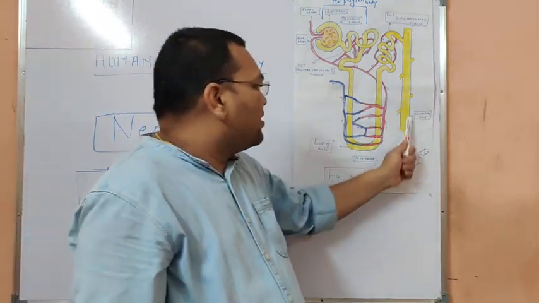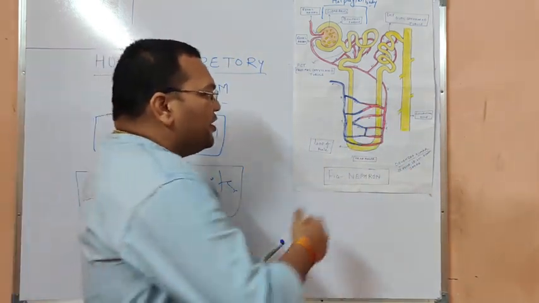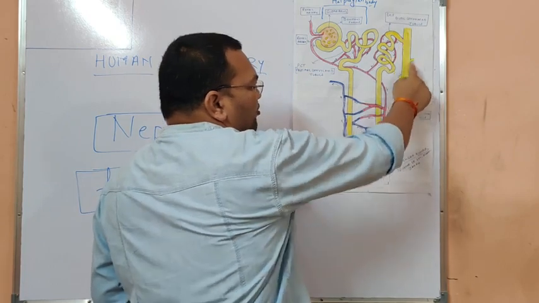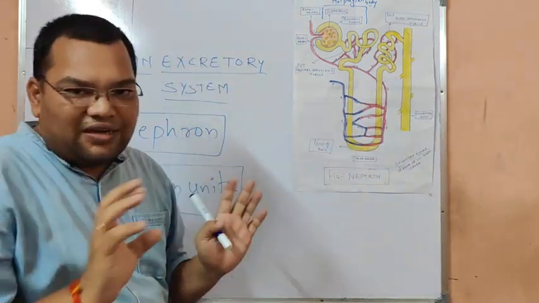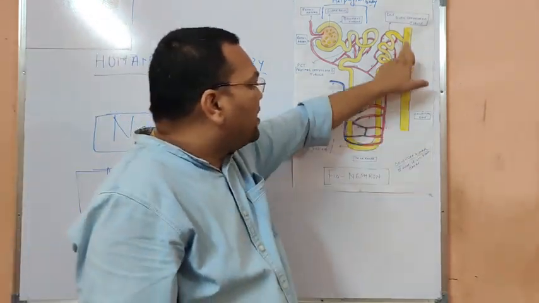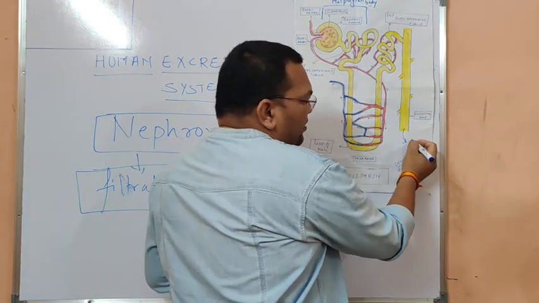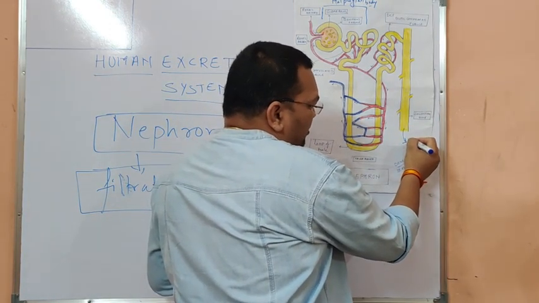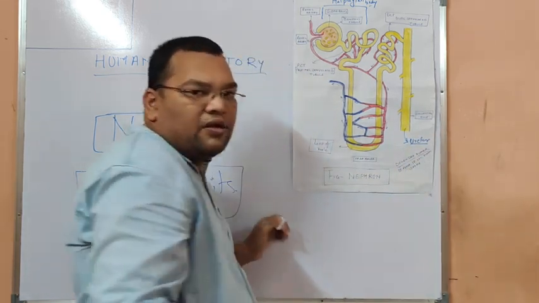And this is the main collecting duct. Many different nephrons join here and pass their absorption into this collecting duct, and the collecting duct goes to the ureter, and from the ureter it goes to the urinary bladder.